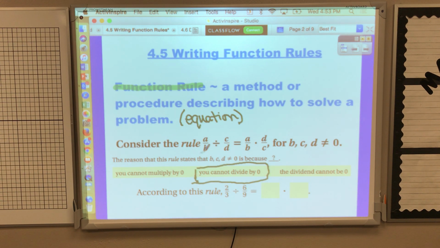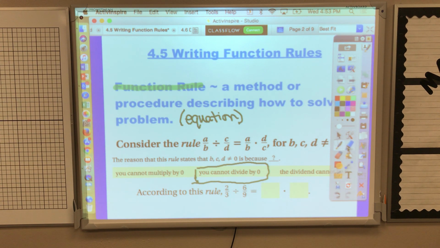And in that problem, here we have a B on the bottom, a D on the bottom, so it can't be 0, B again on the bottom, so that can't be 0, and finally that C on the bottom, so that can't be 0.